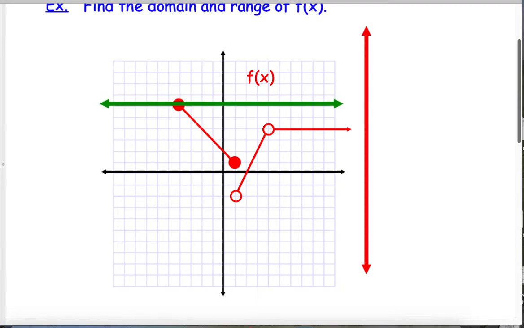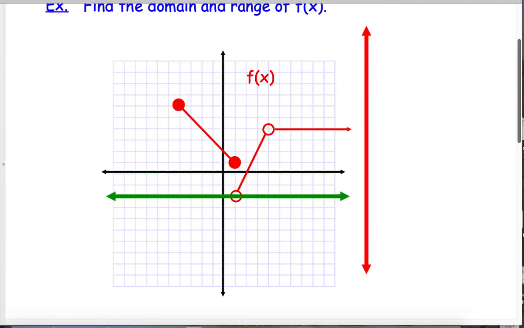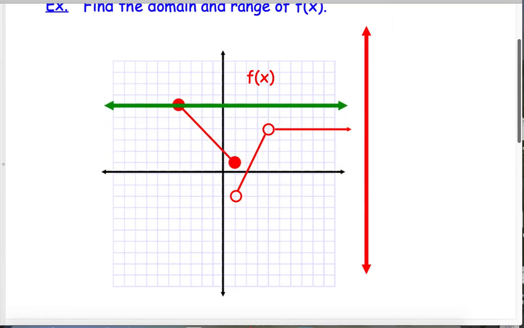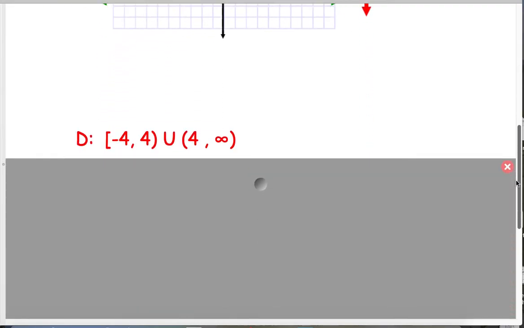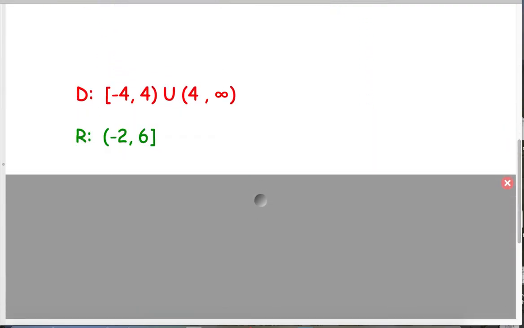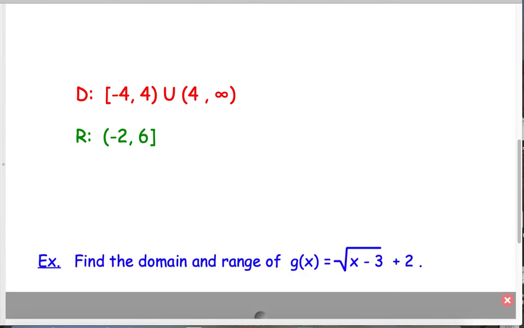So that's the last value that it takes on. So it goes from -2, not including the -2, all the way up to y equals 6, and we want to include the 6. That's going to be our range. You can see it's pretty easy to tell if you have a graph. So there's your domain and there's your range.